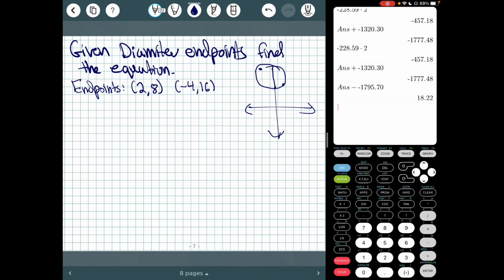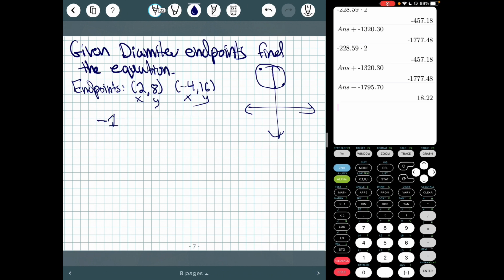So we want to find the center right now. We can find the center by averaging out the x and the y values each separately. So we could do 2 plus -4, which would be -2, then divided by 2, and we get -1.